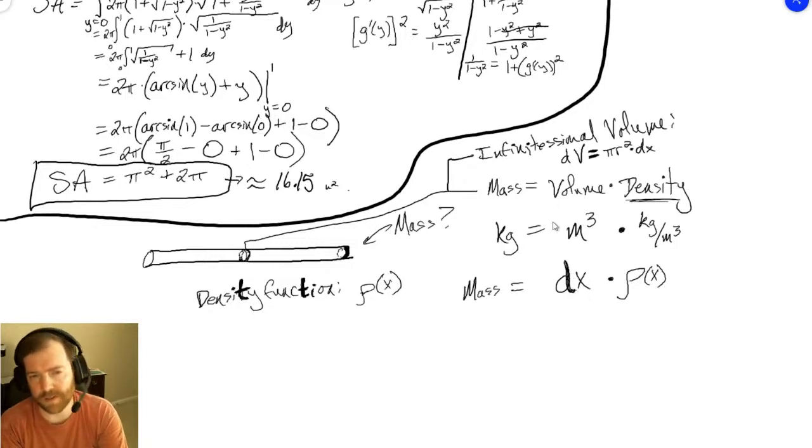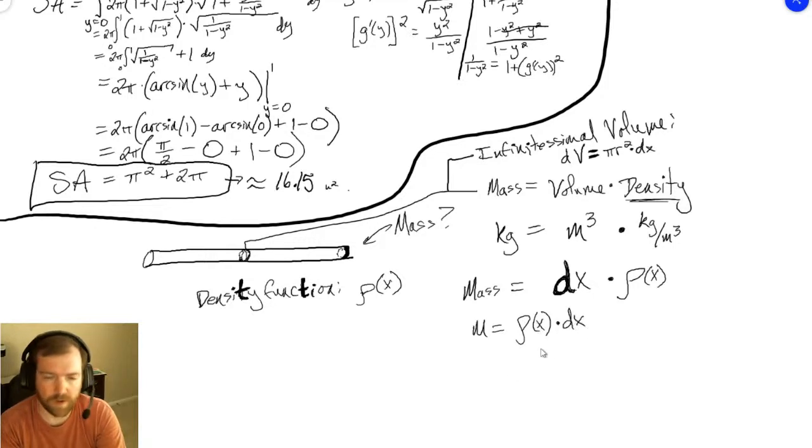Due to the fact that it's an infinitesimal, or because you can say it's a thin rod, it doesn't really matter how big it is, then our m is going to be given by rho of x dx, and then we're going to integrate over the entire distance.